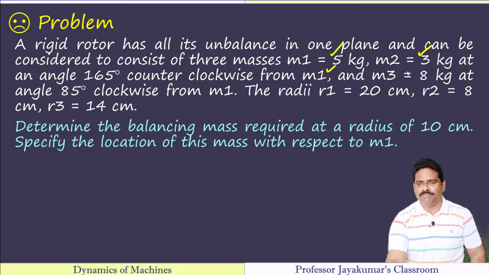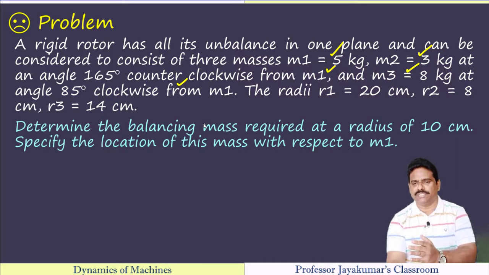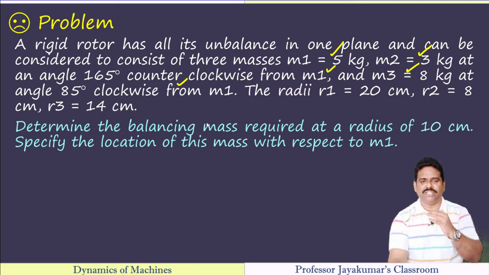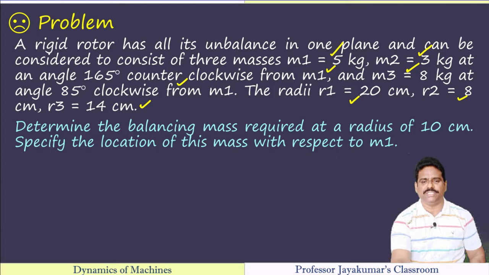In the same way, mass 3 value and its angular position are also given, which is nothing but mass 3 equal to 8 kg at an angle 85 degree clockwise from M1. Also we have with us the radii of rotation of the three rotors: R1 equal to 20 centimeter, R2 equal to 8 centimeter, R3 equal to 14 centimeter.